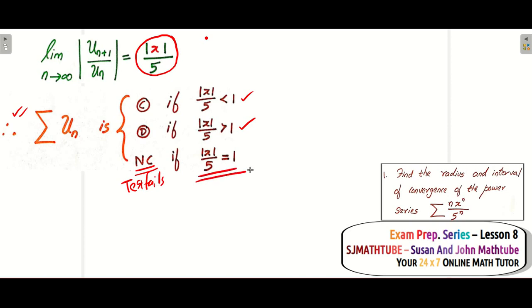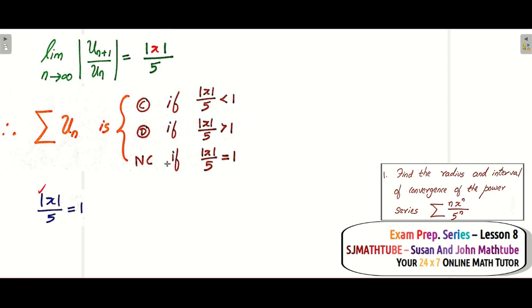Now look at this. We have to analyze this case. We are not interested in interval of divergence, so we will just ignore that case. But we have to analyze this one because we want a clear cut answer: is it convergent or divergent?